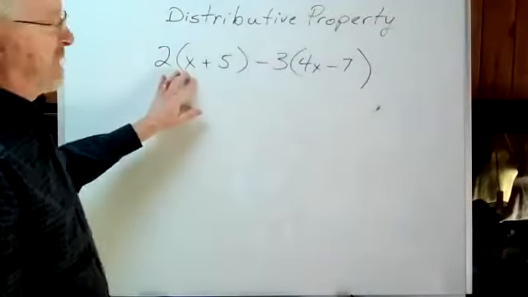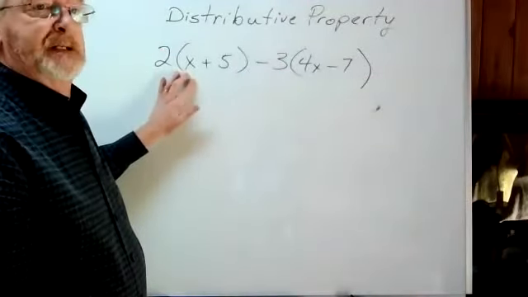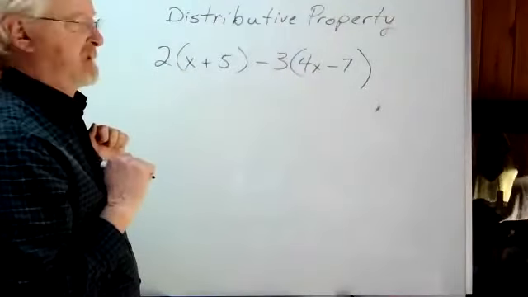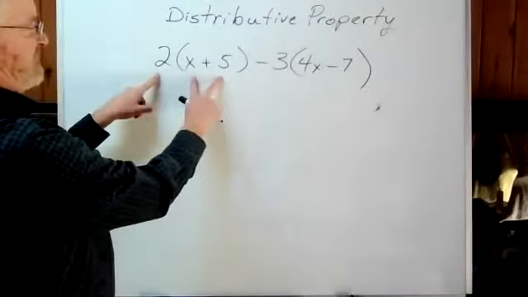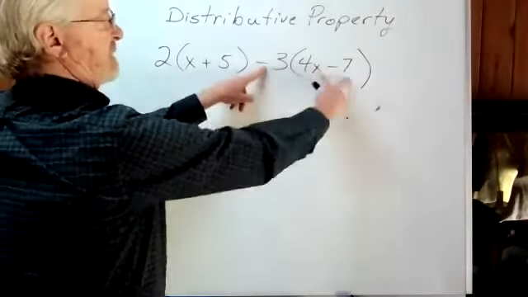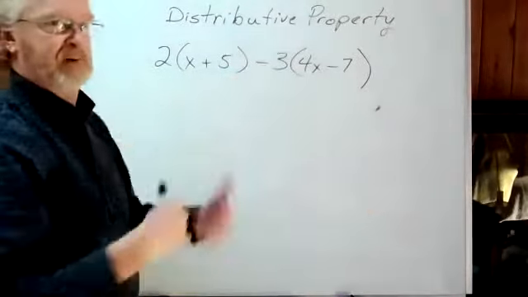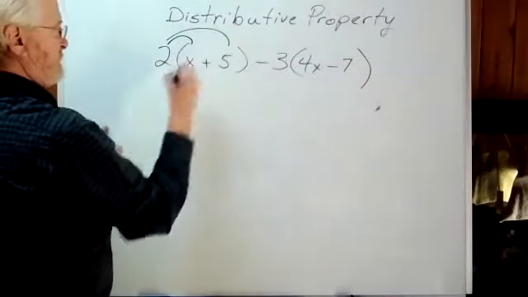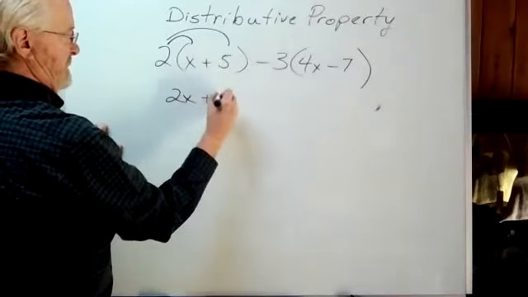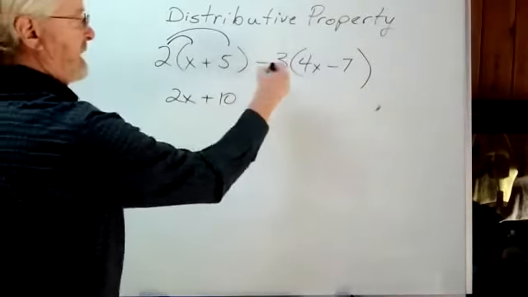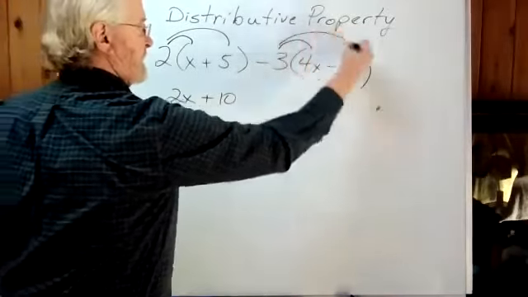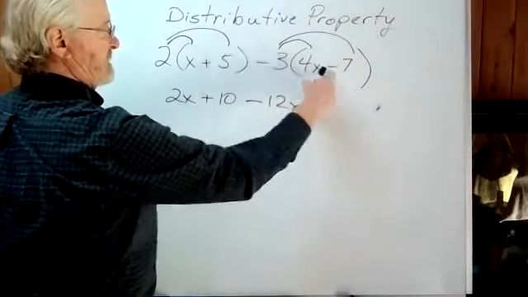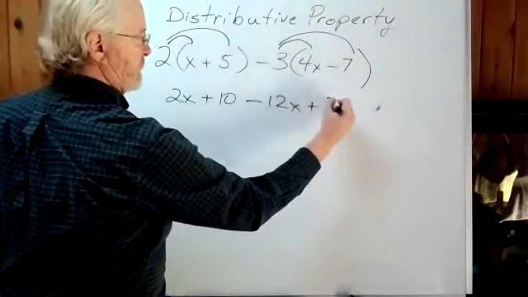And both of them now require some distributing. So I'm going to distribute each of them separately, 2 of these things and negative 3 of those things. And then I'll look to see if I have some like terms. So 2 of each of those. Negative 3 times each of those. Negative 12x minus minus is plus 21.